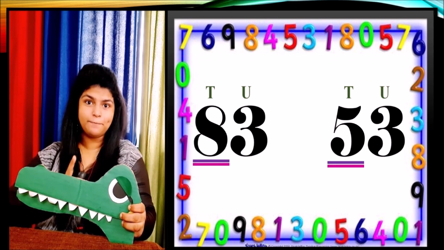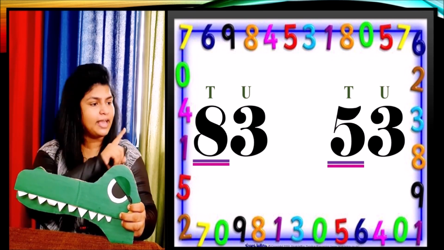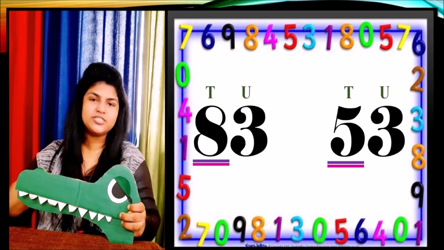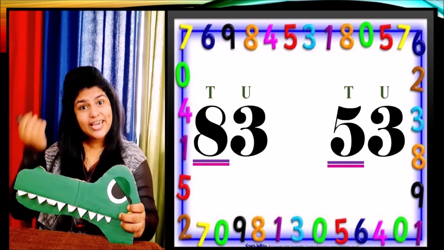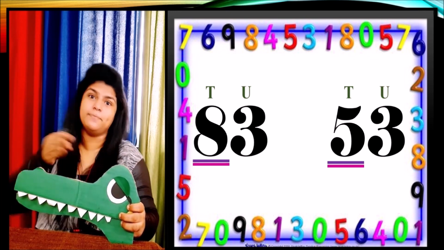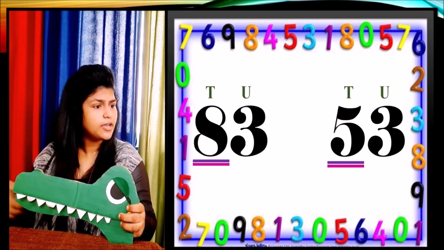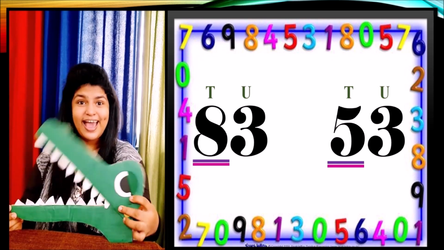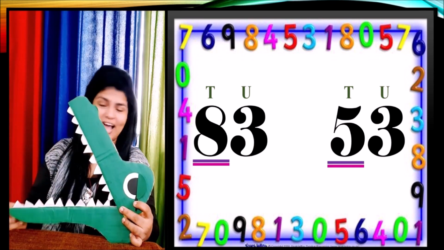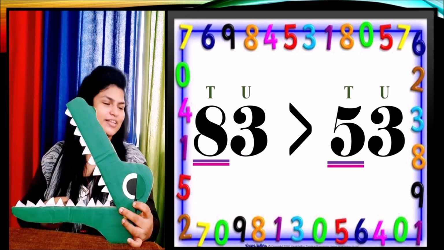No, you will compare the number which is in the tens. The first number, 8 and 5. So, which is bigger? 8 is bigger or 5? 8 is bigger. Because 8 is bigger, the entire number 83 is big. It's so simple. Finish. So come on, will you open your mouth at 83, Mr. Croc? Yes. Big mouth at 83. There. Let's go to the next one.